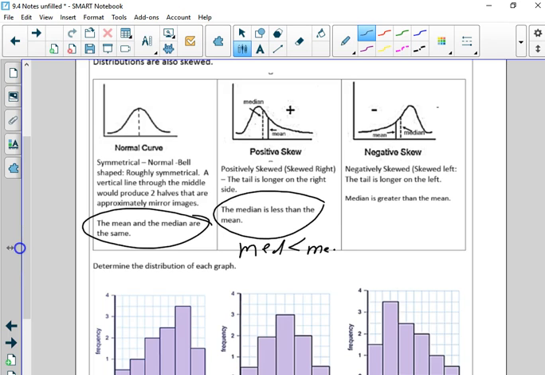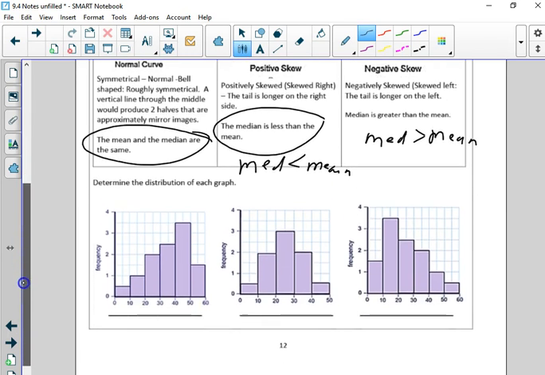Median is less than the mean. And here, the median is greater than the mean. And when you look at it, the median is greater than the mean. This is where pencils are really good on paper, actually writing stuff down.